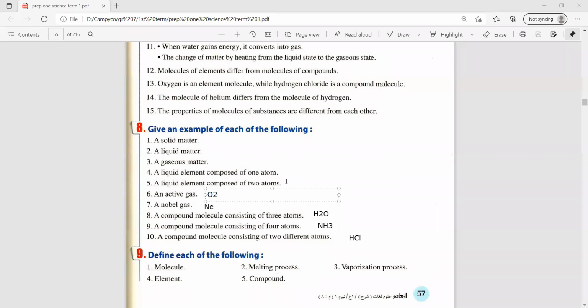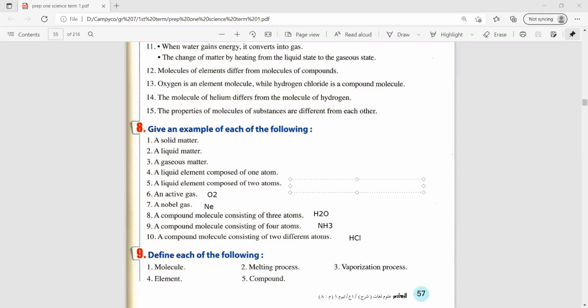A liquid element composed of 2 atoms. We just said that the liquid diatomic element is bromine.